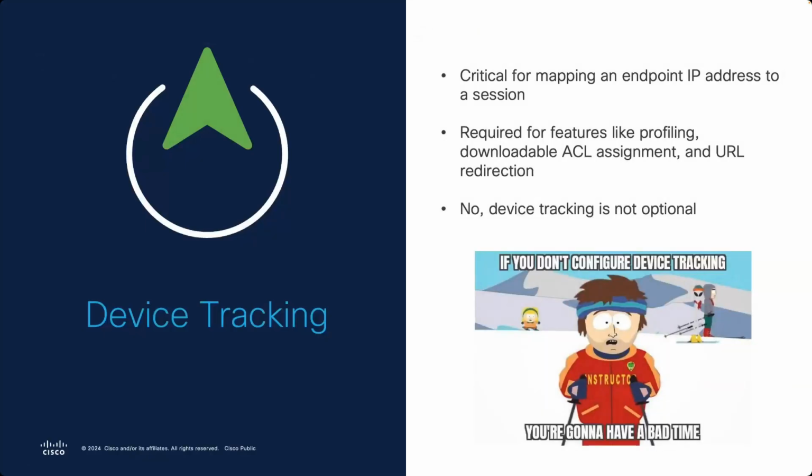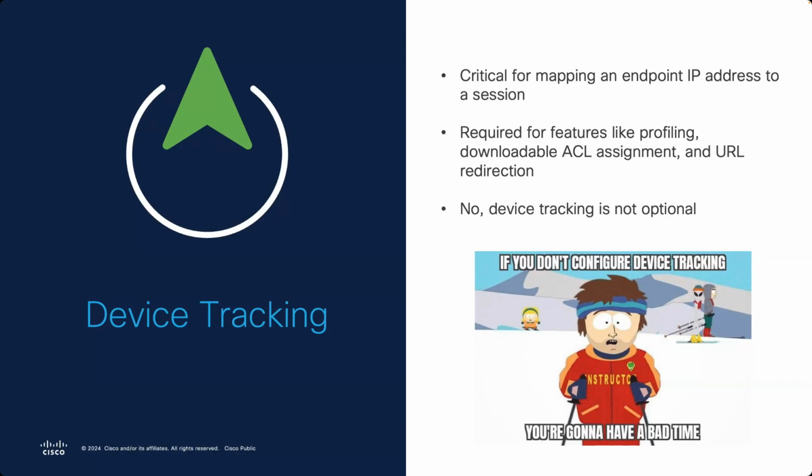Device tracking, this one is very important. If you don't configure device tracking, you're going to run into random issues like profiling can fail. Downloadable ACLs will fail to assign. I actually had a customer where they were trying to test out posturing.